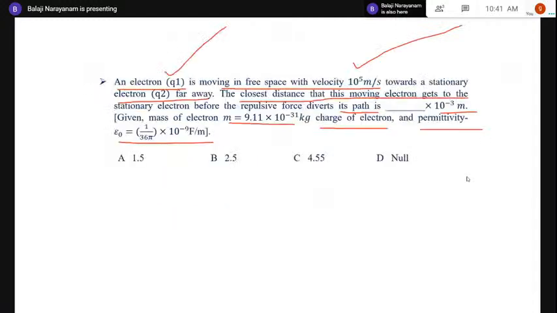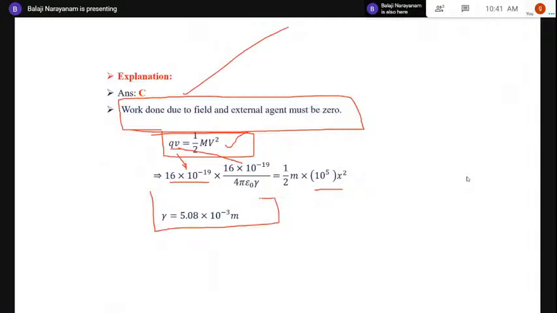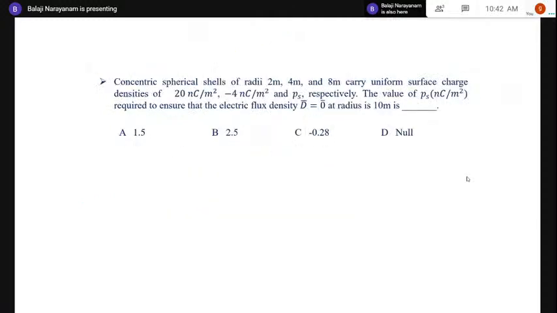Working with that, you may find this R, the distance in 1 by 4 pi epsilon R, which is 5.08 into 10 power minus 3 meters. So the law of conservation of energy can be used for solving such problems.